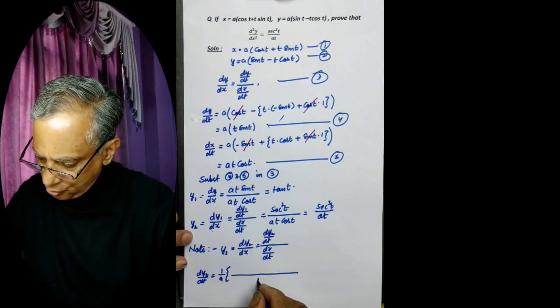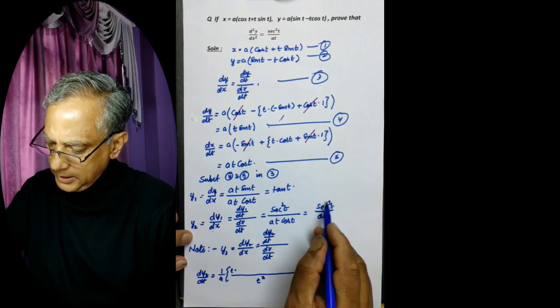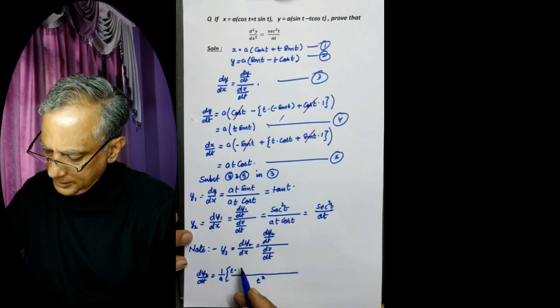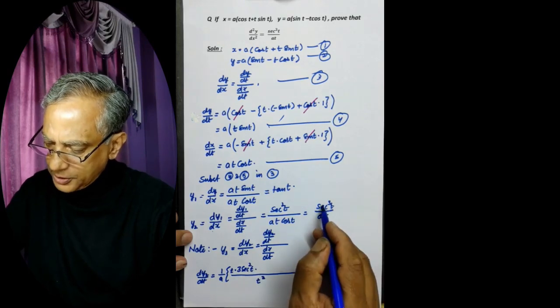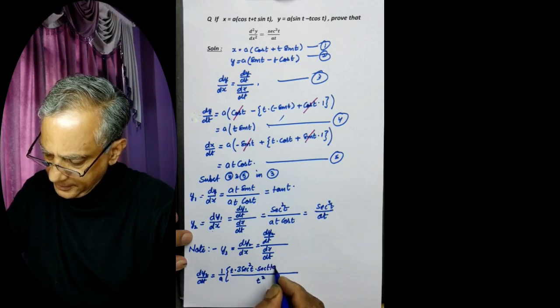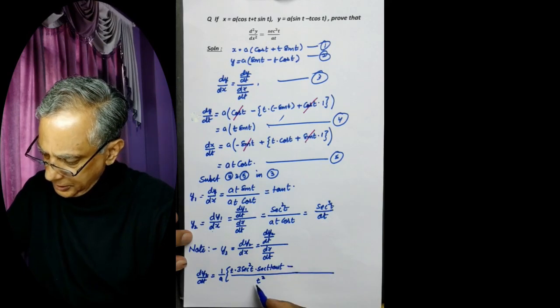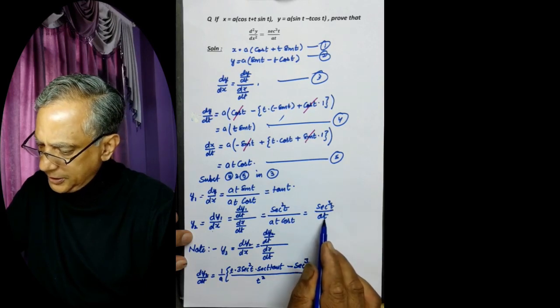So this will be t square, denominator square, into denominator into differentiation of numerator, that is 3 secant square t into differentiation of inner function, that is secant t is secant t tangent t, minus numerator into differentiation of denominator, that is g dash t.